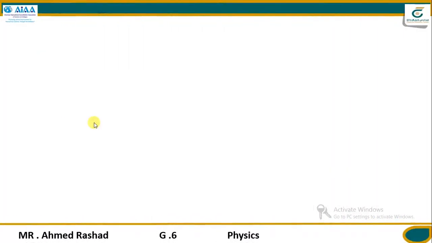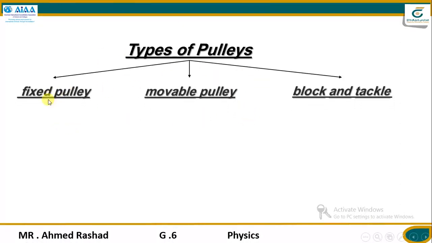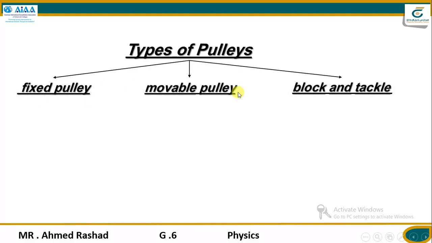Now we can talk about the types of pulleys. We have three kinds of pulleys: fixed pulley, movable pulley, and block and tackle. Number one, fixed pulley.